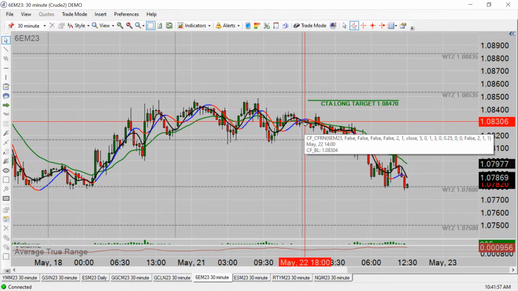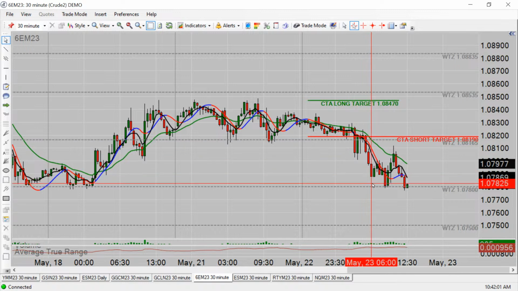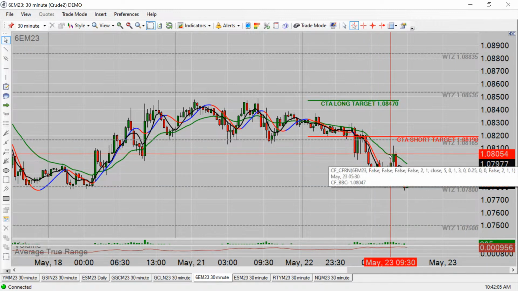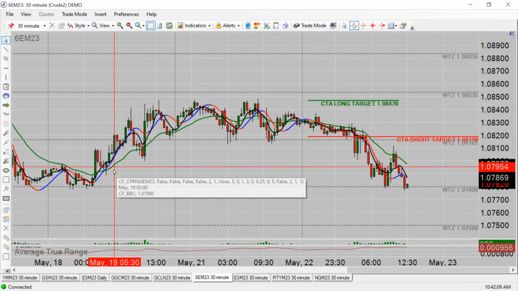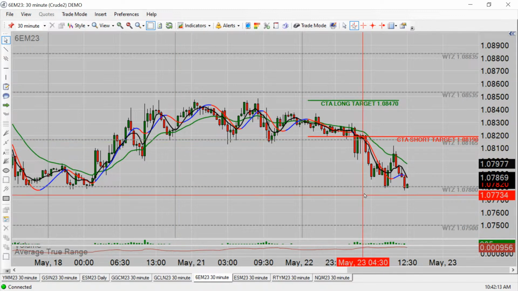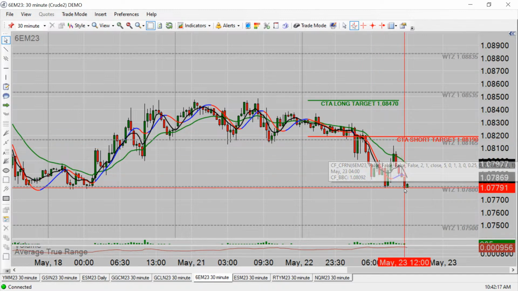Market opened here last night and dropped to the short target. Continued down to the zone, found support, bounced to the BBC. The pullback holds more often than not, like here, and here, and here, and here.